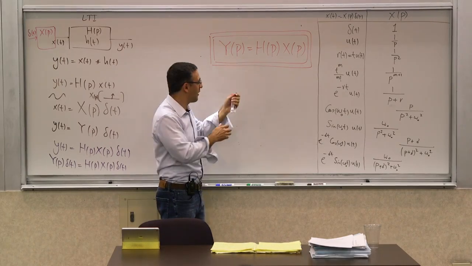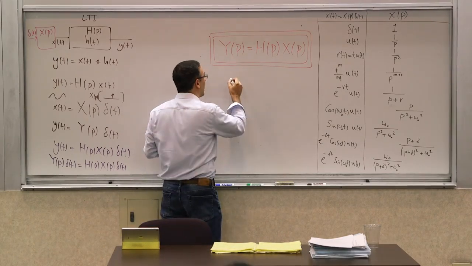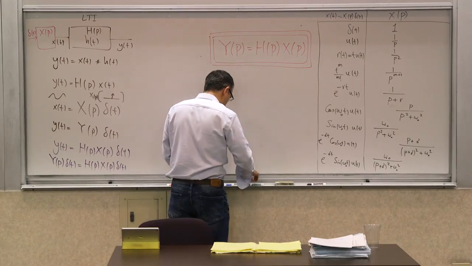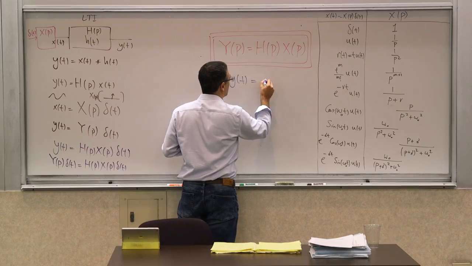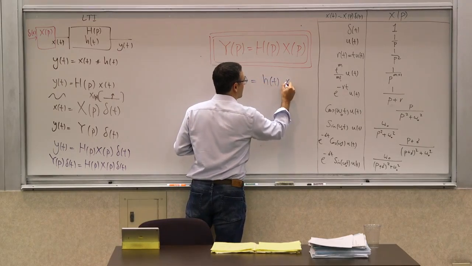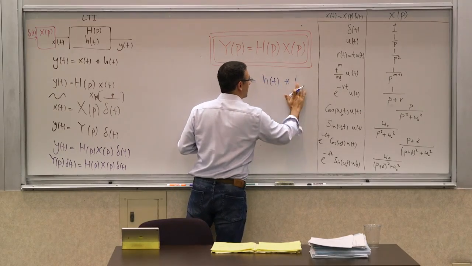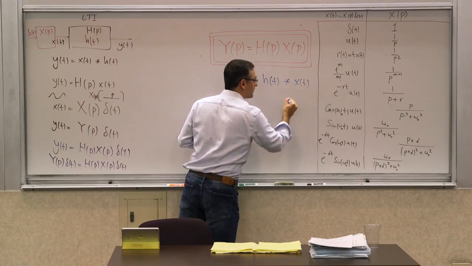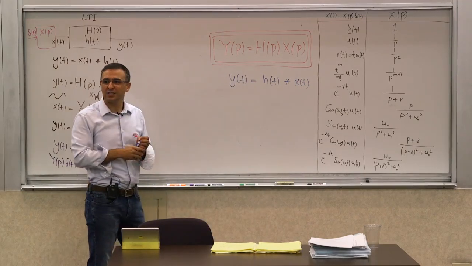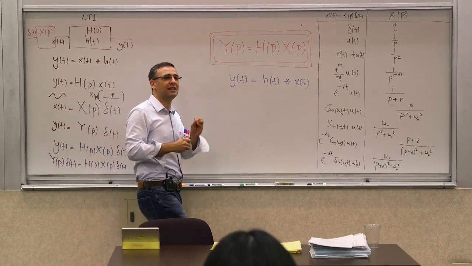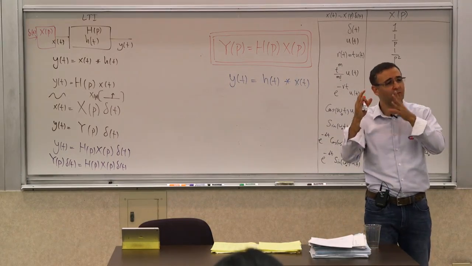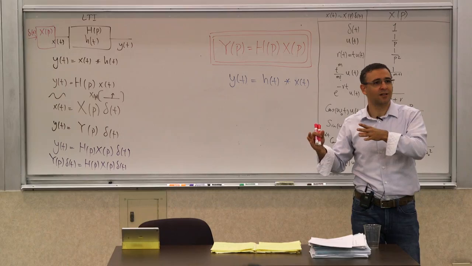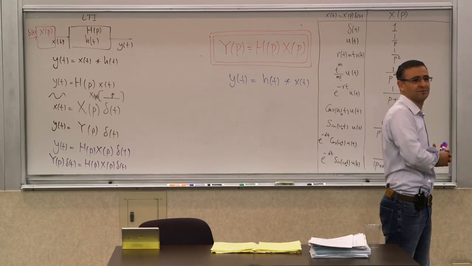Now, before, how did we calculate y of t? Y of t before was calculated this way. So now this operator has done something really interesting and very useful. It has converted a convolution to a multiplication.